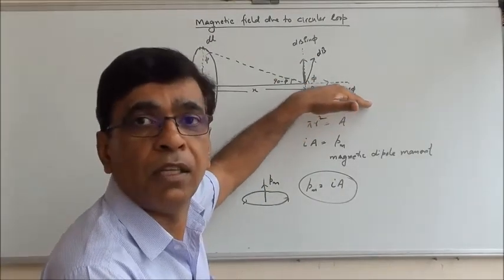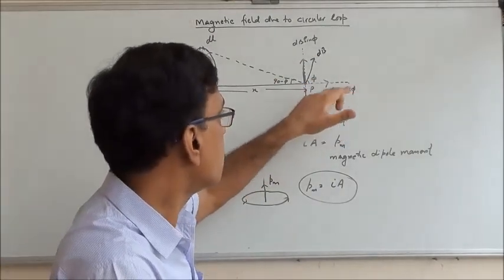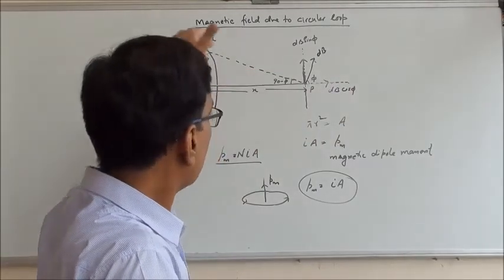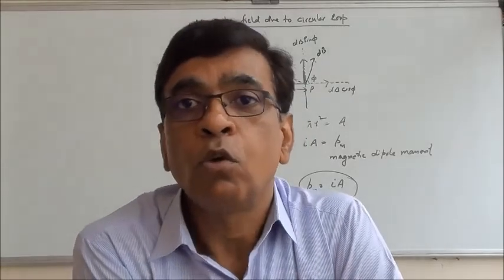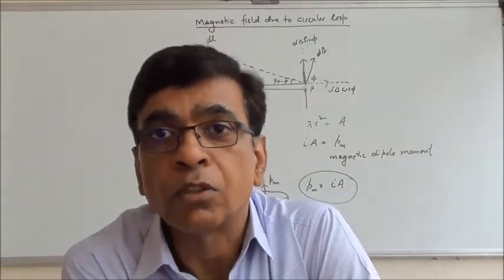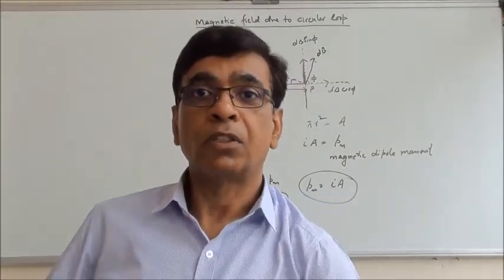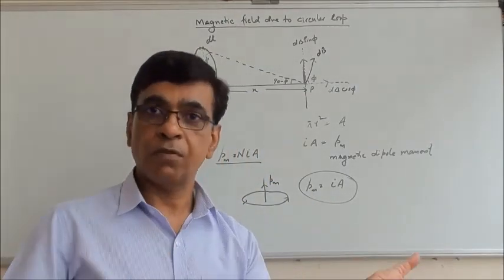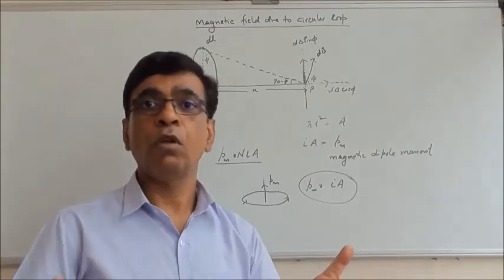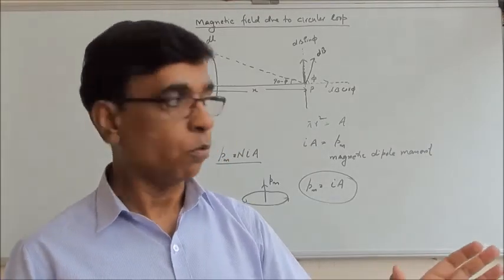So the net field will be the integration of dB cos phi. We substituted the value of cos phi from this triangle, and then we got the expression mu naught by 4 pi, 2 pi n I r square upon (r square plus x square) raised to the power 3 by 2. One particular form, if the distance is very large, then it reduces to mu naught by 4 pi, 2m by x cube.